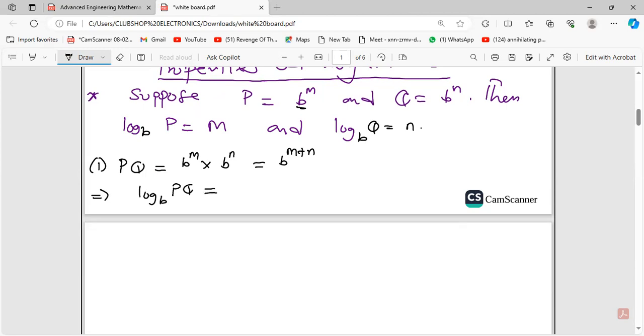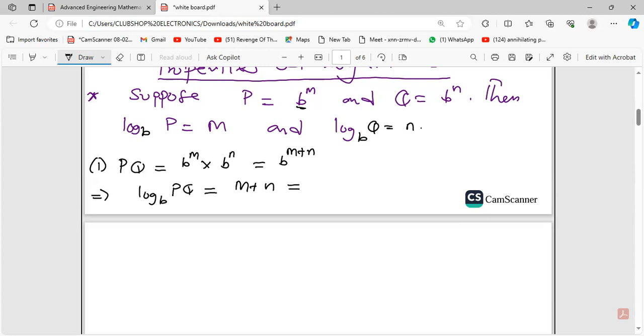This is the same as M plus N. That's what we need.